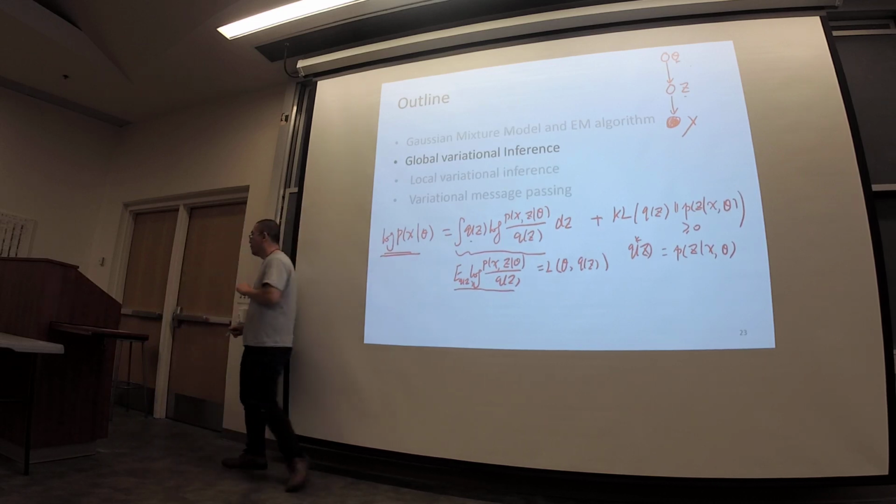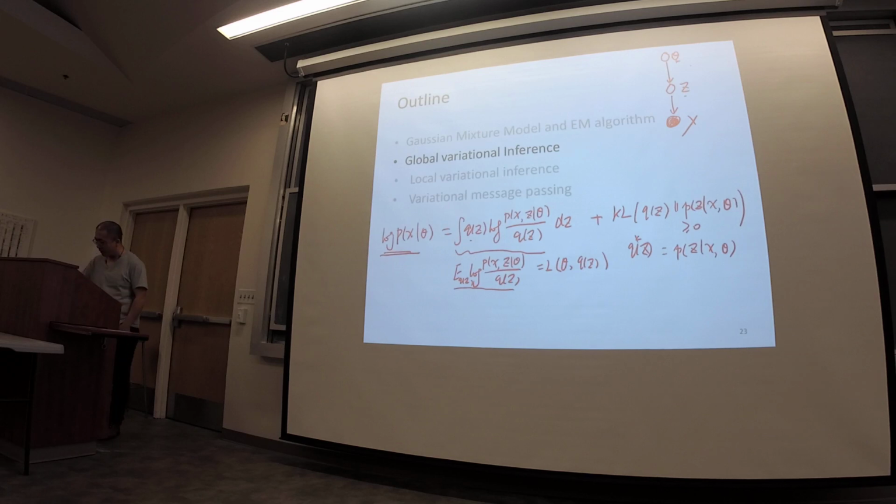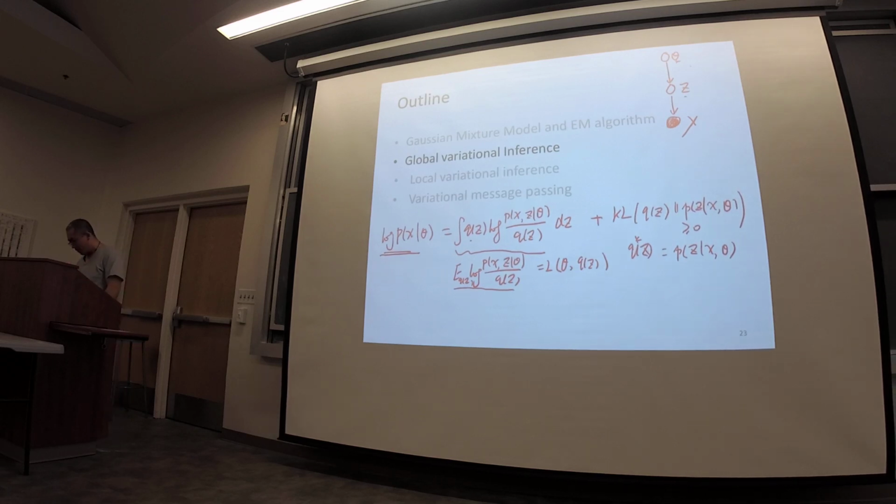So the idea is here. At any choice of theta, I first choose Q of z to be the true posterior of z given x and given the current theta. We denote this particular choice of Q of z by Q star z.